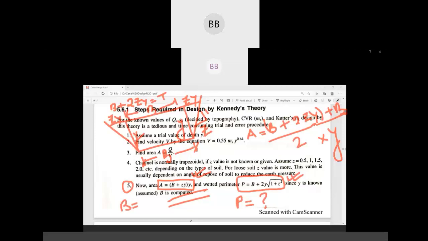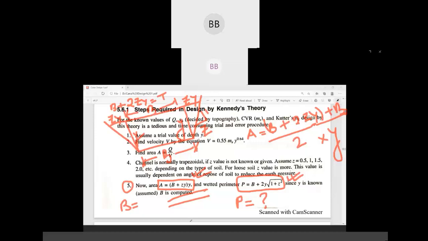So in the first step we are going to assume a depth of flow. Then in the second step we find out the velocity using the equation 0.55 multiplied by critical velocity ratio multiplied by y to the power 0.64. Then we find out the area. Then normally we consider a trapezoidal channel. If the side slope is given, it's okay.